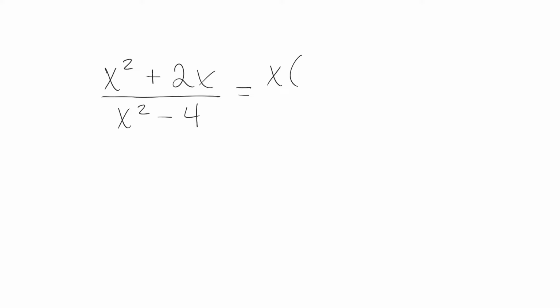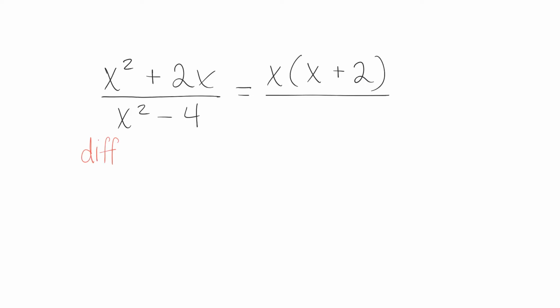So if I divide both terms by x, x squared divided by x is x. 2x divided by x is 2. In the denominator, again, quadratic, but it doesn't have anything common, so it doesn't immediately appear that there's something I can do. But there is. What is this?